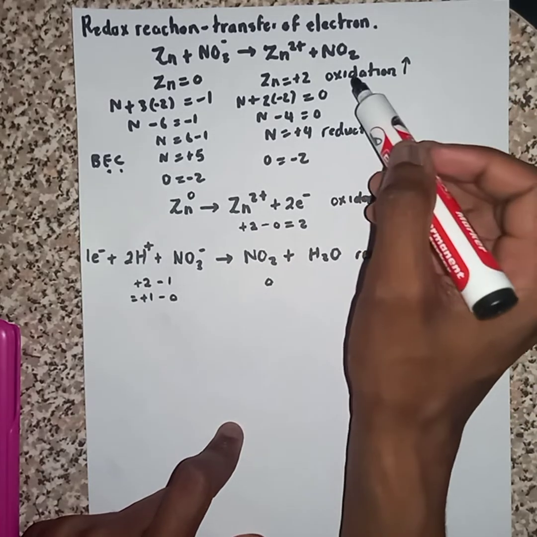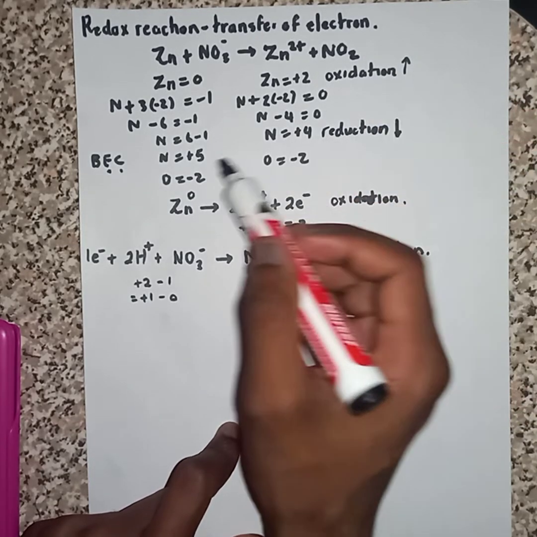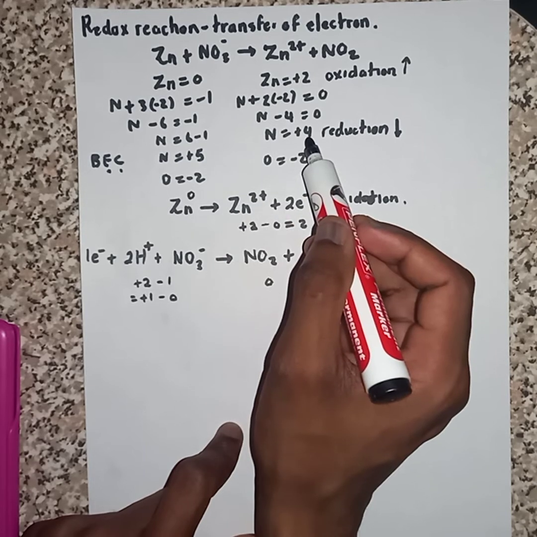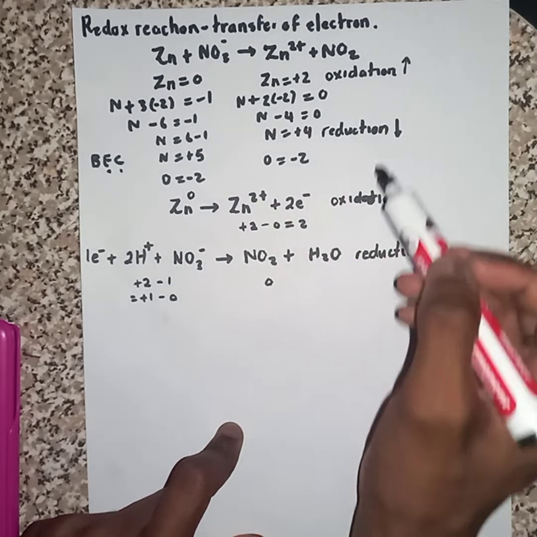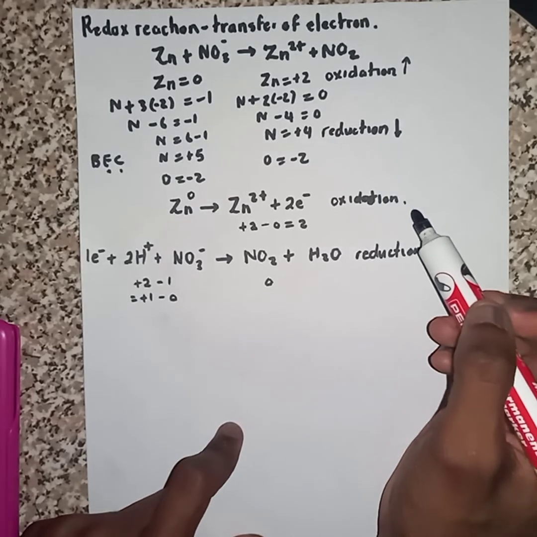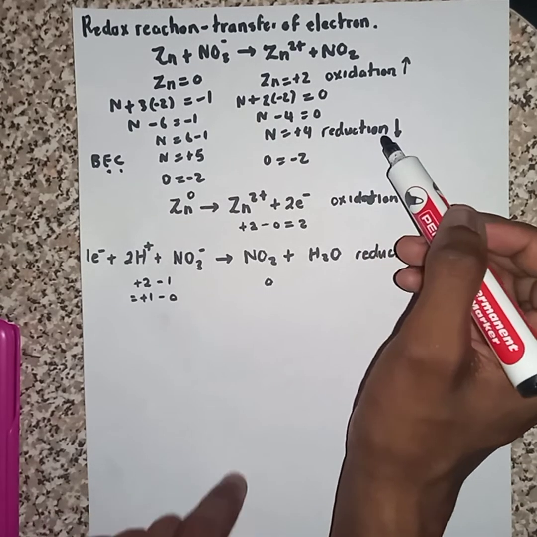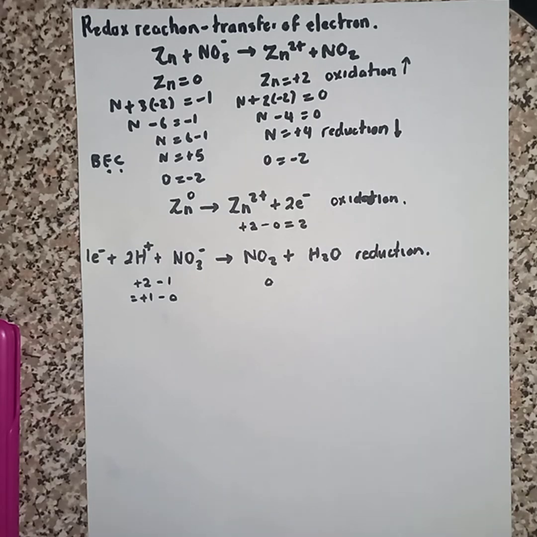And whenever it increases, it's oxidation. Then for N, we saw that it was 5, then after it became 4, it has decreased. Whenever the oxidation number decreases, we say such is the reduction.